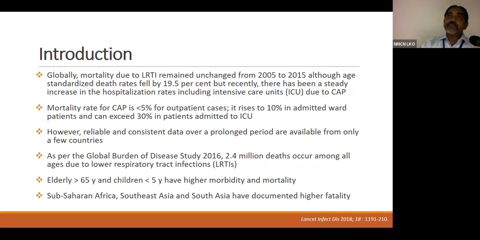Mortality rate for CAP is less than 5% for outpatient cases, rises to around 10% in admitted patients, and can exceed 30% in patients admitted to ICUs. The elderly and children have higher mortality and morbidity, and higher fatality has been documented in sub-Saharan Africa, Southeast Asia, and South Asia.